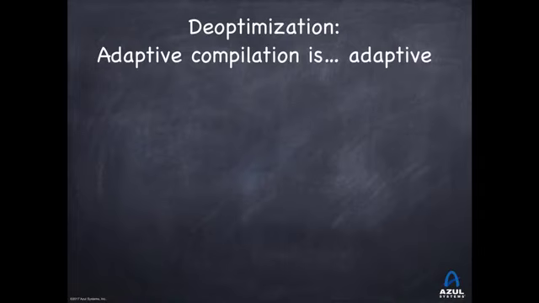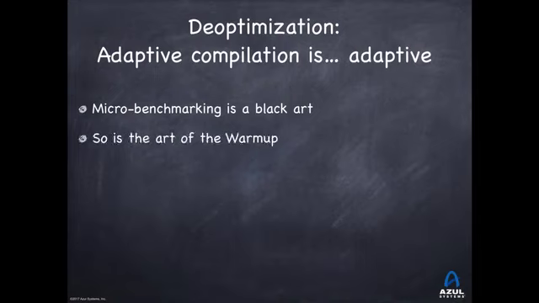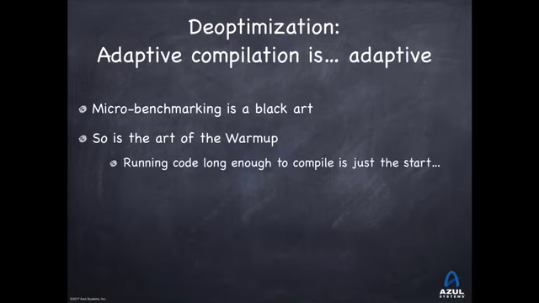The thing with de-optimization is that adaptive compilation is adaptive, as you'd expect. And so when it comes to dealing with this, you might think that micro benchmarking is a black art. You might think that writing effective benchmarking code that actually represents what you're trying to do, and doesn't confuse the compiler, is very, very difficult. So is the art of warm-up. This is one of the things that we see people doing with their applications.